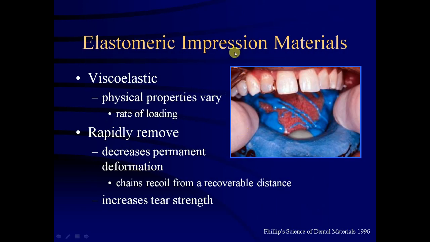Coming on to the elastomeric impression materials. These are viscoelastic. Their physical property may vary with the rate of loading. These are rapidly removed as it decreases permanent deformation and increases the tear strength. So you have to take it out immediately from the patient's mouth.